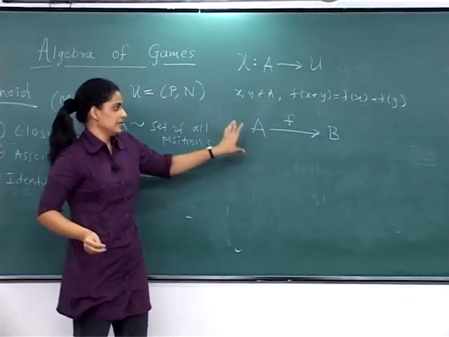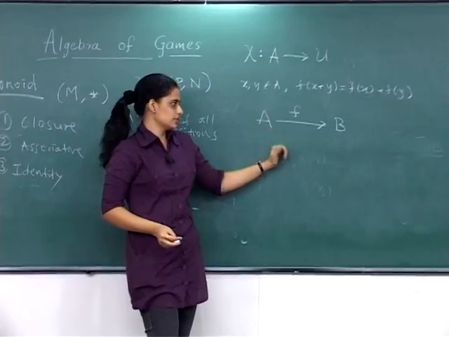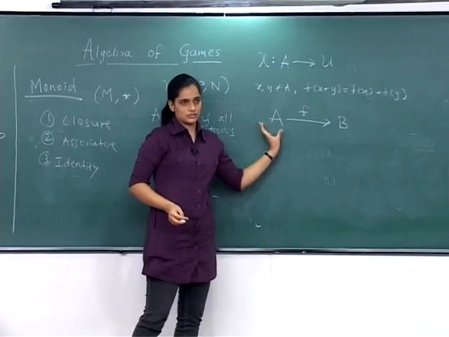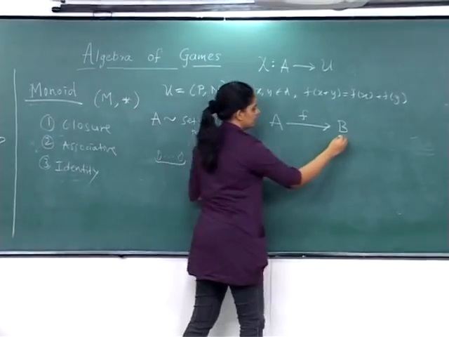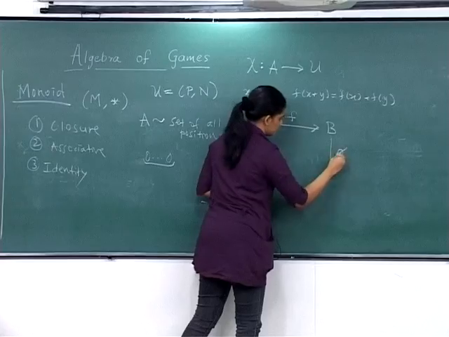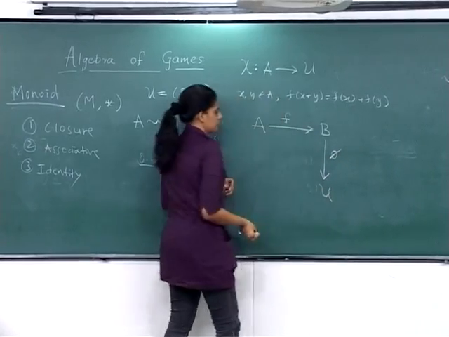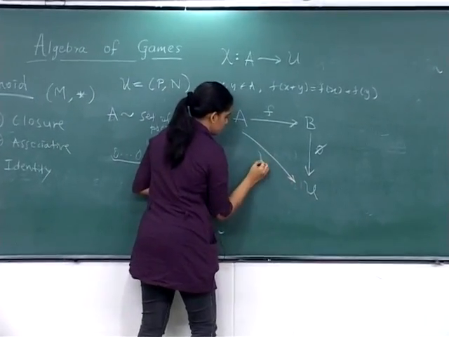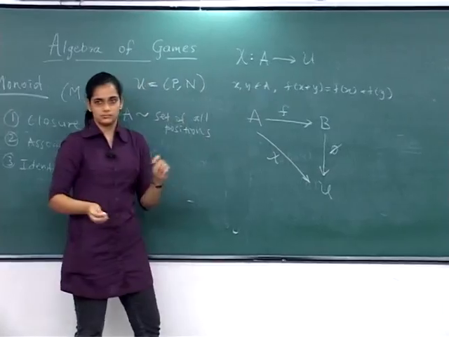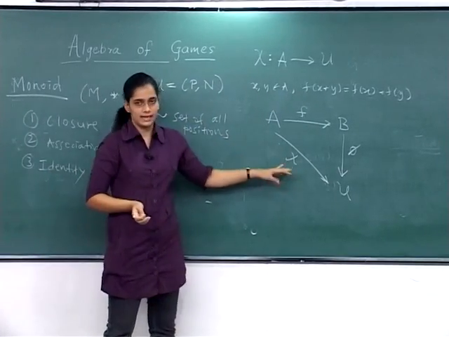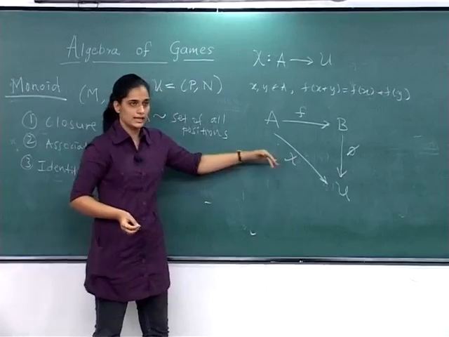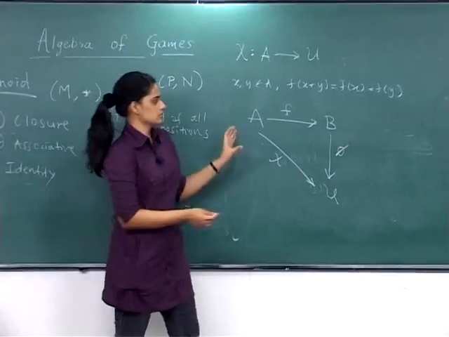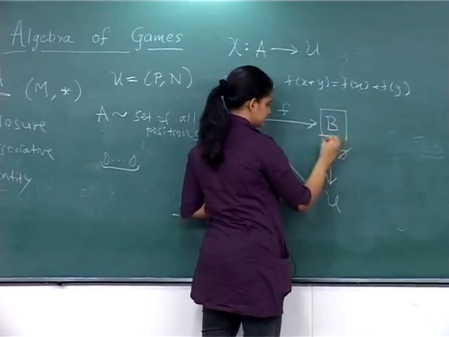So we wish to design f in such a way that it is a homomorphism, and from B there's another function phi which maps directly to the set of outcomes. So we have xi which maps A to U, and whenever it is not possible to find xi directly, we wish to factor xi into two other functions, f and phi, and for that we wish to design a new set B.